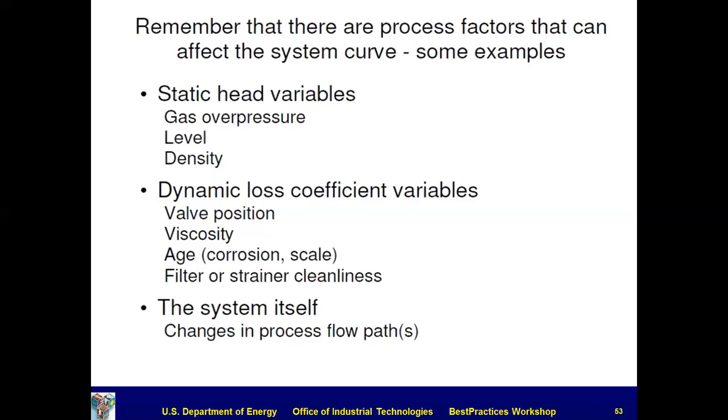We can have corrosion, scale build up in the pipe, and we can have a strainer or filter that gets plugged, and that changes the overall resistance of the system. Or we could do actual changes in flow path. We could alter the piping system, and that would certainly change the system curve.